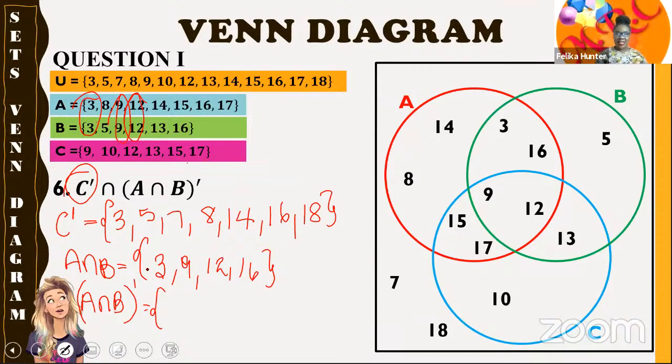Yes, in the universal set. Just know that you're always going back to the universal set. Sometimes you might think you're going to set A and B, but you're going back to the universal set. So it's everything that is not in the intersection that is in the universal set.